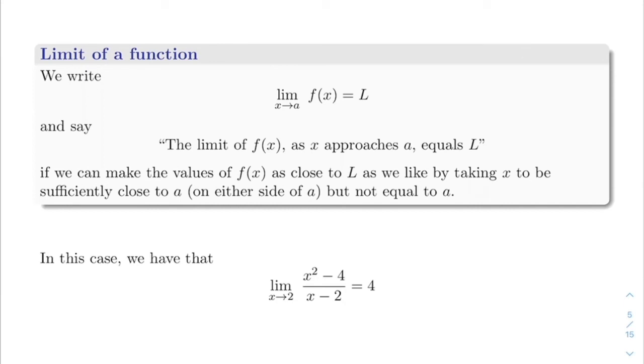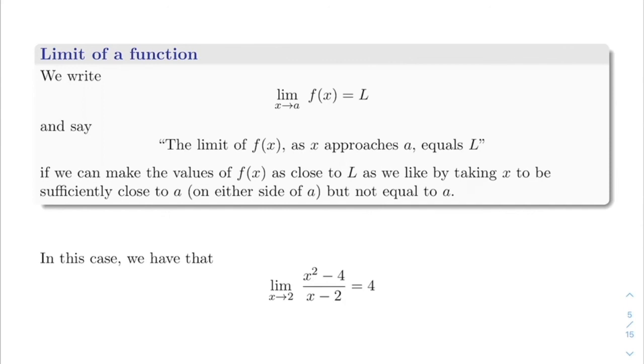We will write this, and the way of reading this expression is: the limit of f of x as x approaches a equals L. We can say this when we can make the values of f of x as close to L as we like by taking x to be sufficiently close to a, which is what we did here, where L was equal to 4 and a was equal to 2.